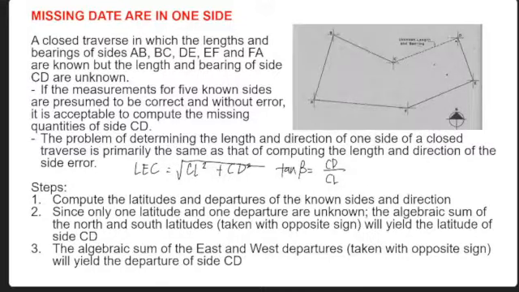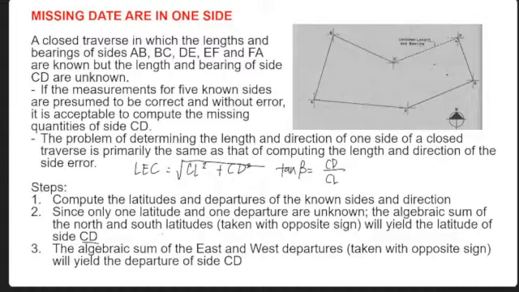Okay, the steps in determining our length and bearing for that line is, first is to compute all the latitude and departure of all the sides na merong length and direction. And then, since we have only one departure and one latitude, the algebraic sum of the north and south latitude taken with opposite sign will yield the latitude of CD. Or this is our line CD, no?